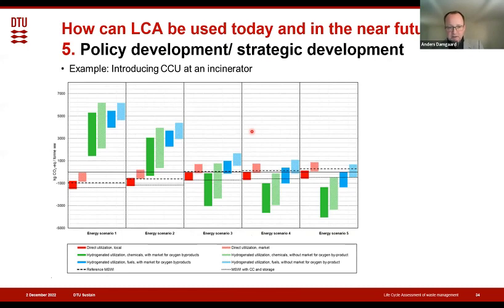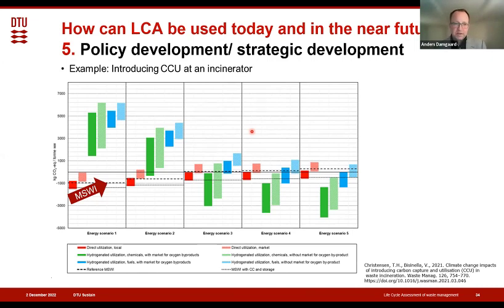And actually, based on this result right now, the main focus would be to say, in this case, we should probably store it, because what these results show is the line here, that's the baseline of the facility today, operated as it is. And then we have these different options.